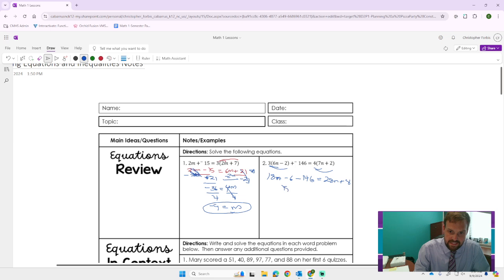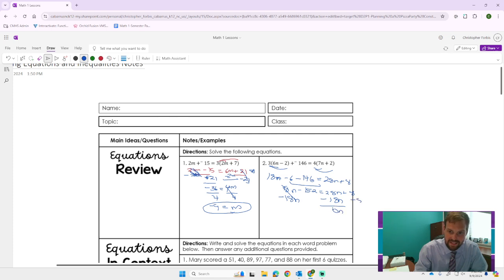So we can keep going. 18n on this side, we have 2 numbers we can combine together. Negative 6 and negative 146 is negative 152. And then we're at the step where we can start moving things to the other side, right? Like I said, I'm going to take the lower of the 2 numbers. I'm going to say minus 18n on both sides, minus 18n on both sides, and I get 10n.